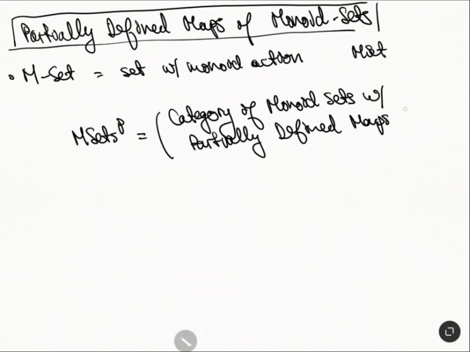This could mean a couple of things, and this is why we need to clarify it. It could mean the maps of monoids are partially defined, or the maps of sets are partially defined, or the actions are partially defined. What do we mean?